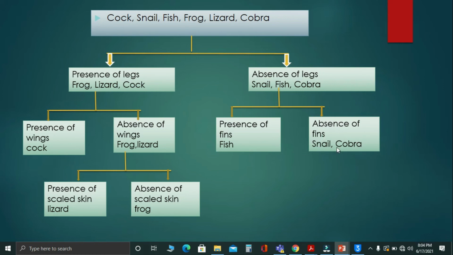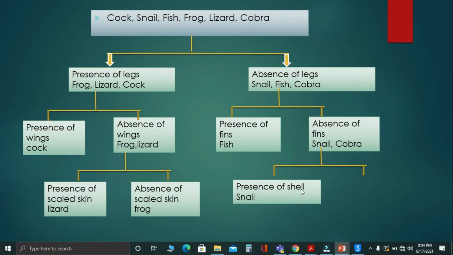So now we categorize again into two groups. Presence of shell. Here I use the feature shell. Snail has a shell, so snail comes to this box. Absence of shell, cobra. Cobra does not have a shell, so cobra comes to this group.